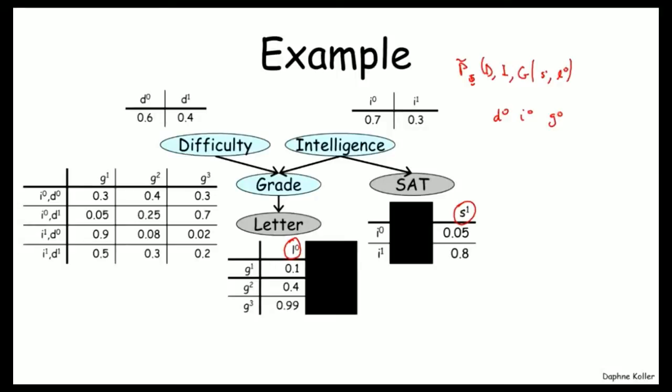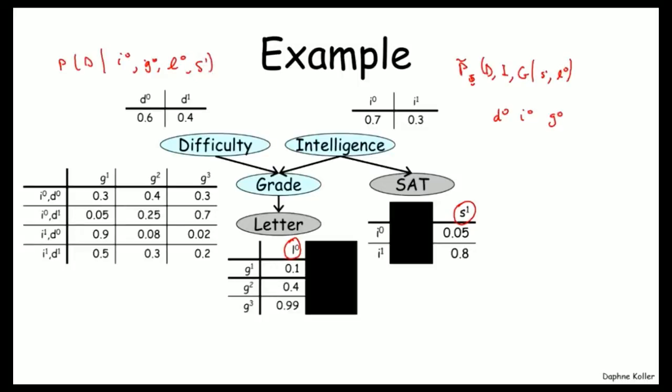And so I'm going to initially sample D from the probability of D given I0, G0, L0, and S1.